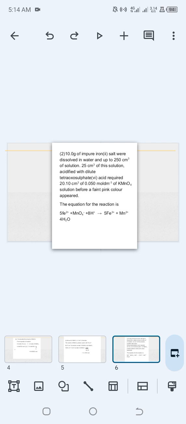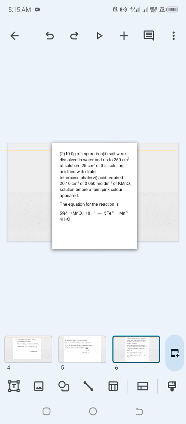Our KMnO4 is purple. After titration, you must be careful while reading your endpoint. When you discover a faint color, please, you stop your reading. You read at that point.